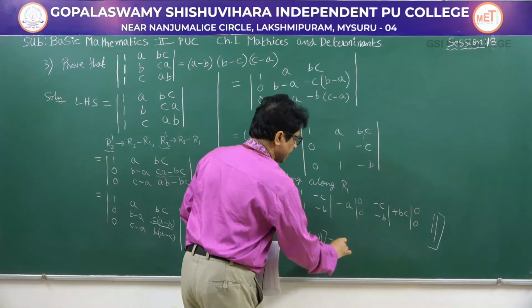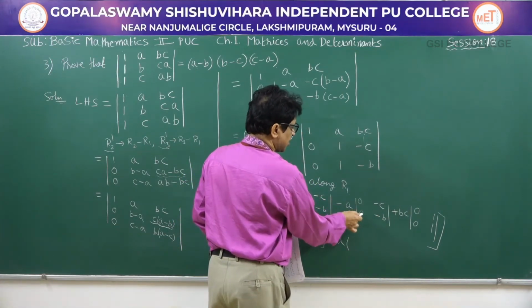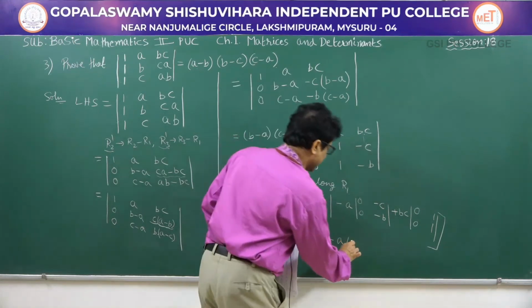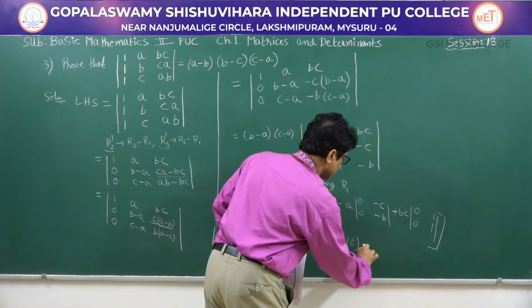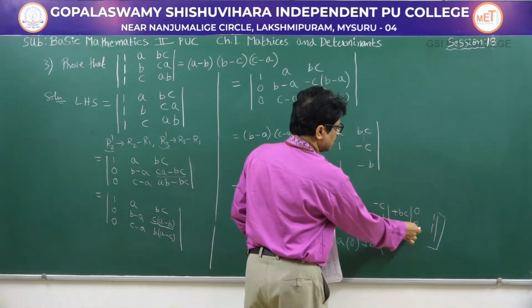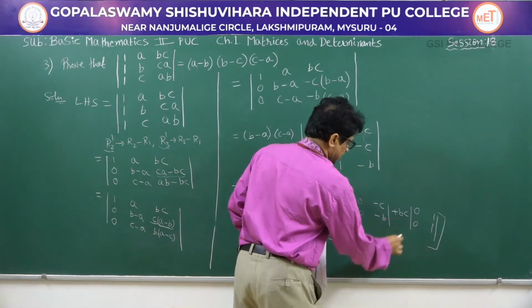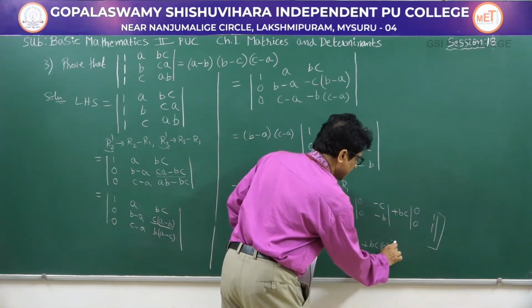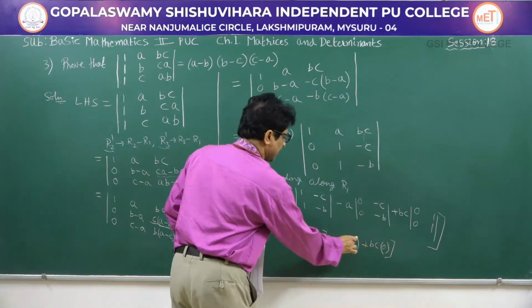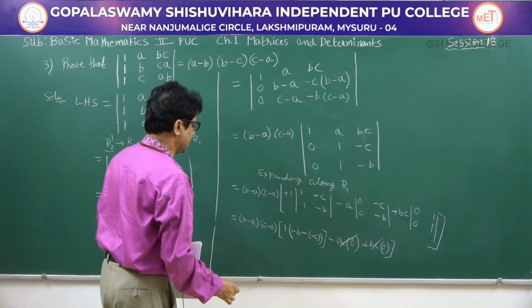Minus A into, if you observe this determinant, all the elements in the first column are zeros. So it is minus A into 0 plus BC into, same thing here also, the elements in the first column are all zeros. Therefore, the value of the determinant becomes 0. So minus A into 0 plus BC into 0 will get cancelled.